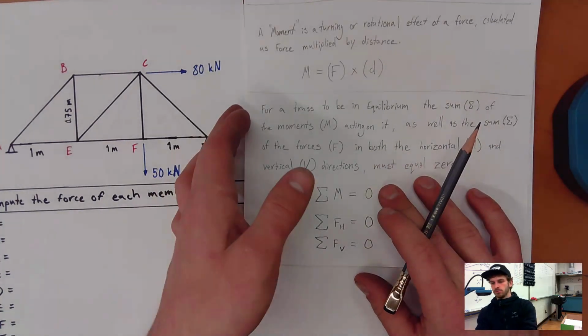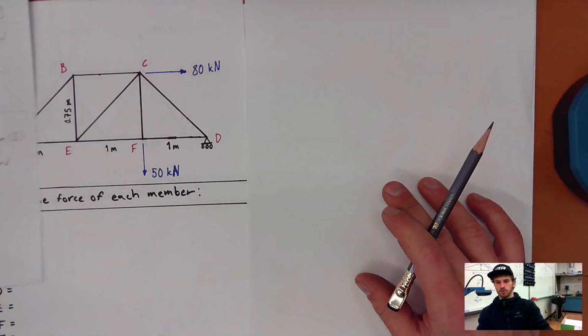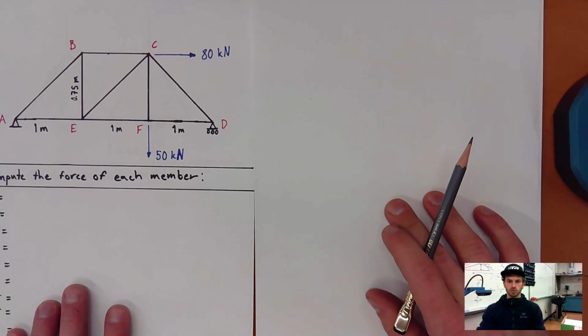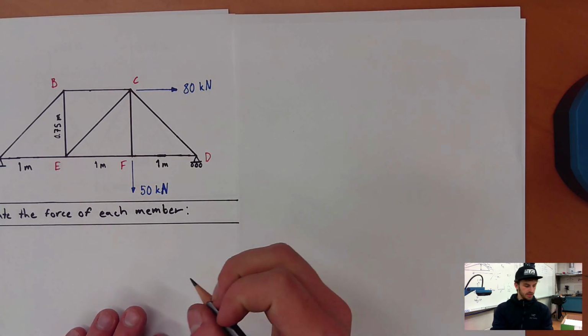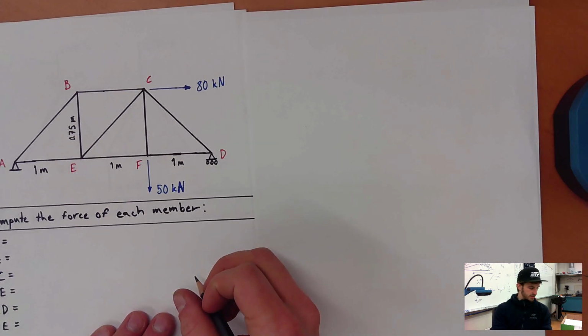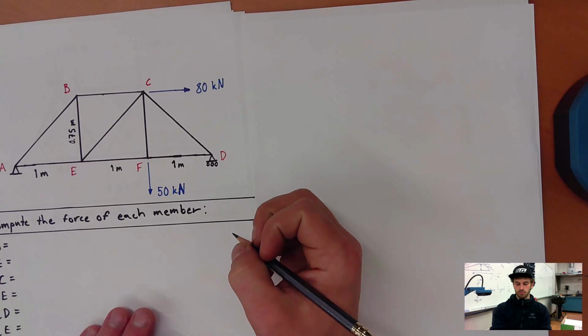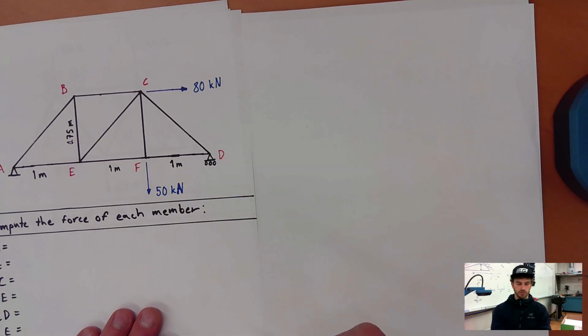I'm going to move my cheat sheet to the side so we can start working on this problem. It's always good to draw and start with what we know. Let's start by putting in some arrows to help us understand what's going on here.